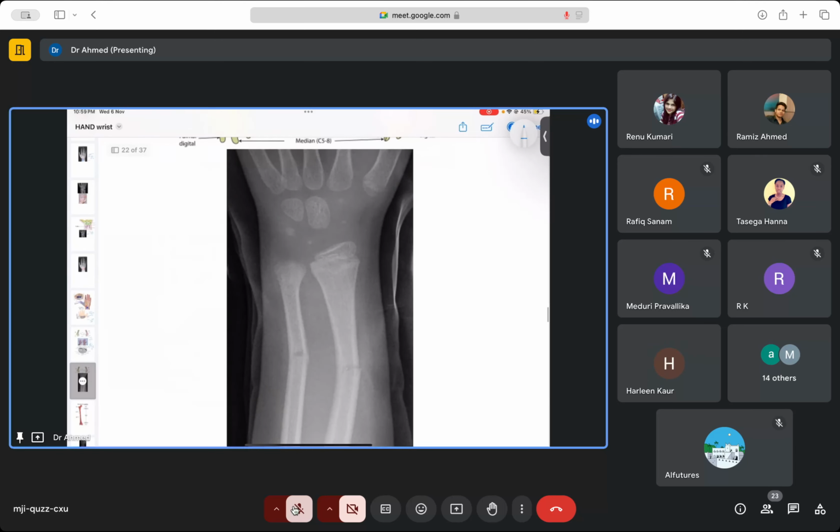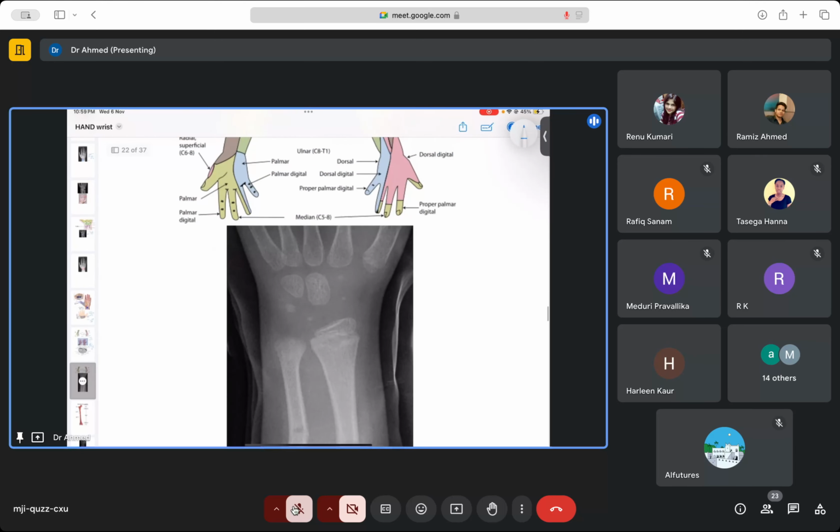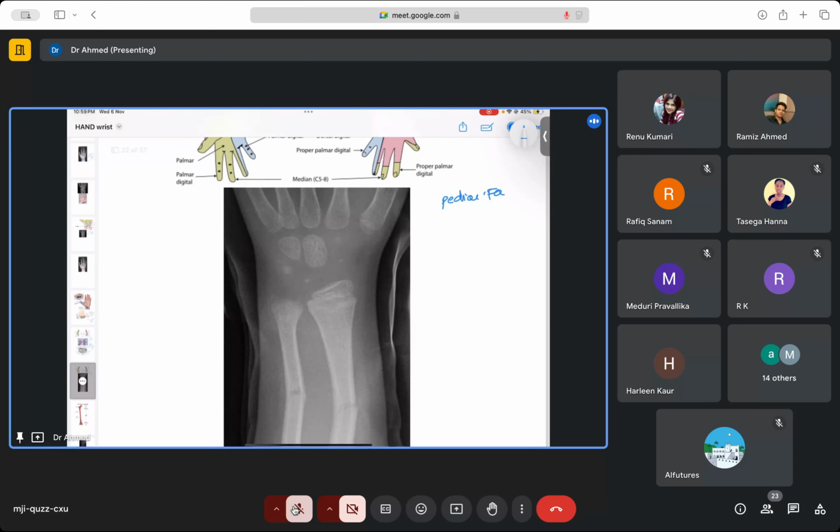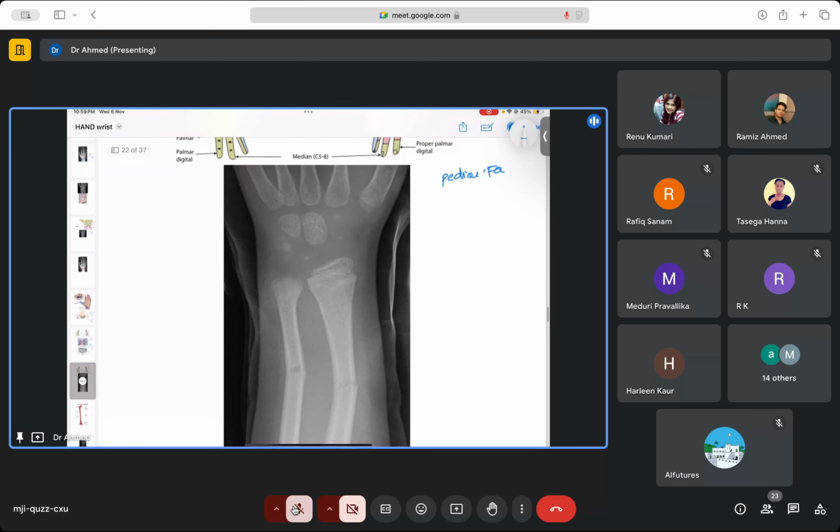So then let's discuss an injury that happens in pediatric fractures. What happens in a pediatric fracture? There is an injury which is known as greenstick fracture. So what do we mean by greenstick fracture? Can you just tell me what a greenstick fracture is?